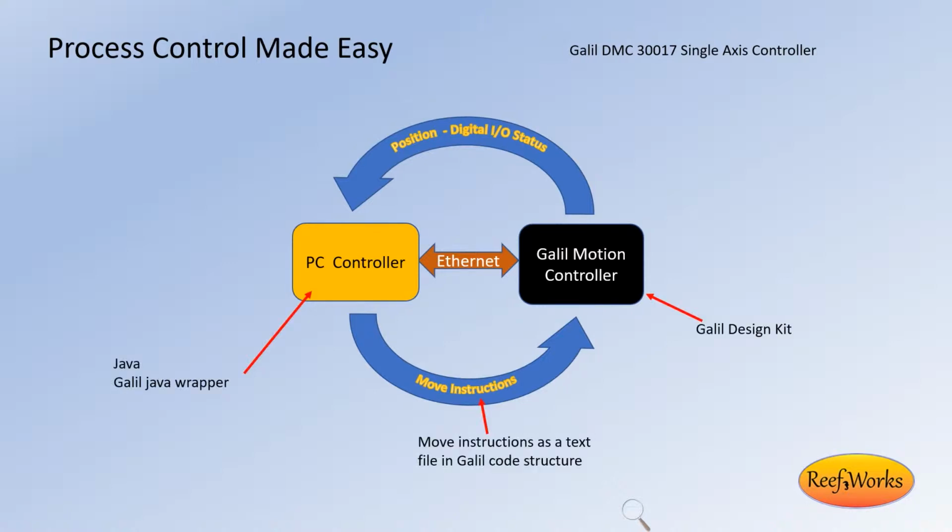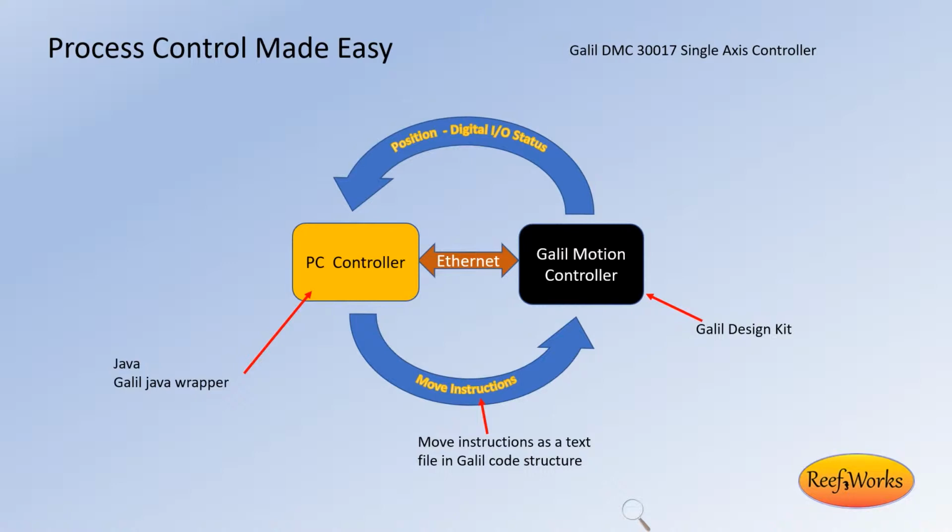So as a review, let's take a look at what we have, which is our PC controller connected by Ethernet to the Galil Motion controller. And we're issuing from the PC the move instructions pretty much as a text file, even though we will build those move instructions using the Galil design kit and the editor there.